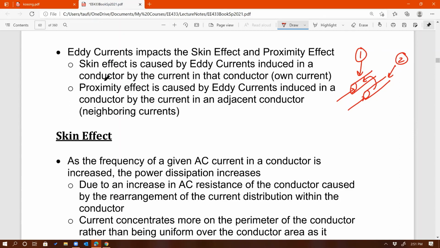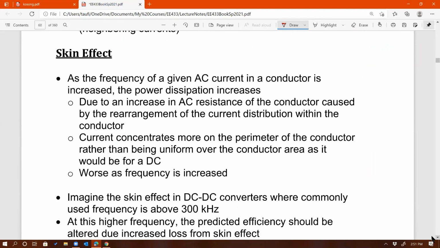So one more time, skin effect is caused by eddy current induced in a conductor by its own current, whereas proximity effect is caused by eddy currents induced by the current from an adjacent conductor or neighboring currents, right? That's why it's called proximity effect. So that's the difference between skin effect and proximity effect. Both of them are caused by eddy current, but one is caused by its own current, whereas proximity is caused by an adjacent current.